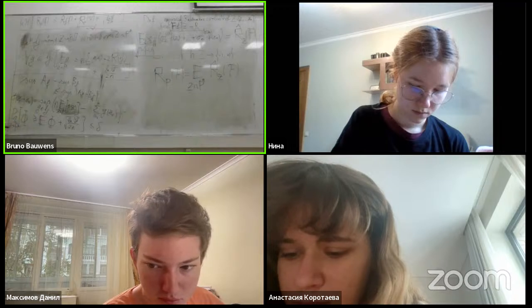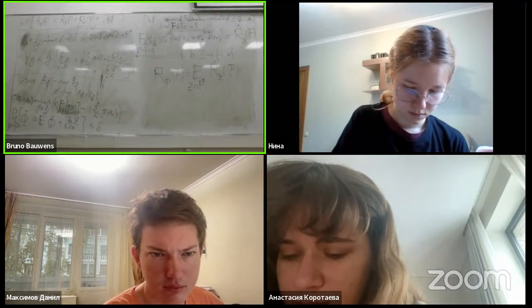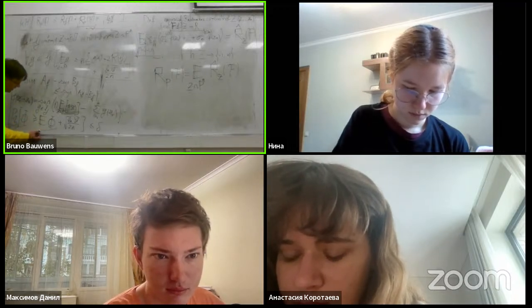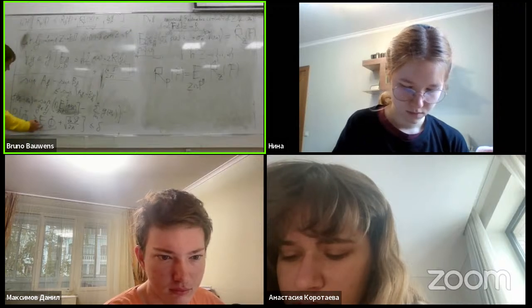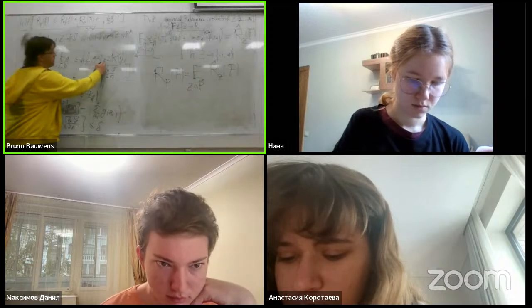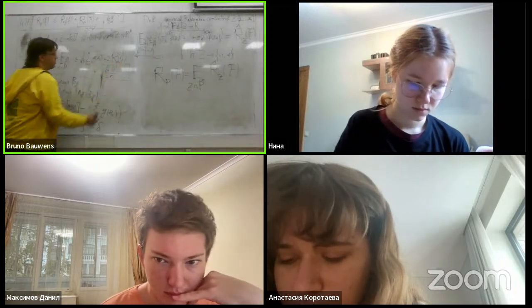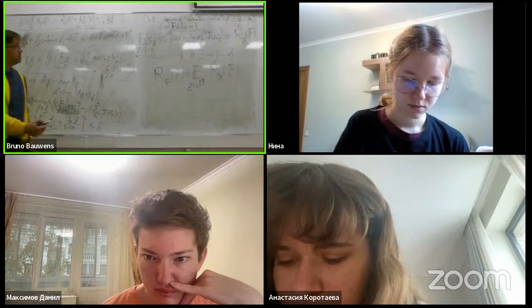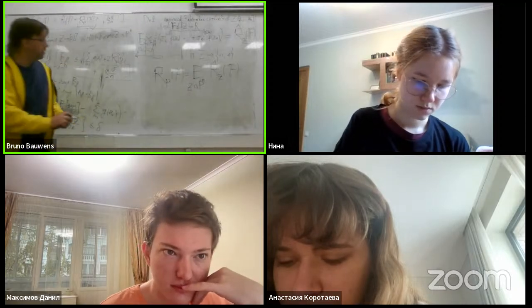Now the only thing that we need to do is prove that the expected value is bounded by 2 times the Rademacher complexity, the average Rademacher complexity. So this is our remaining work.